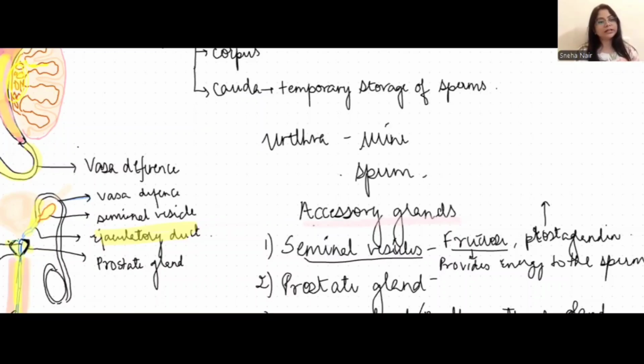So the prostaglandins cause mild contraction in the uterus and fallopian tube, which helps in movement of the sperm.